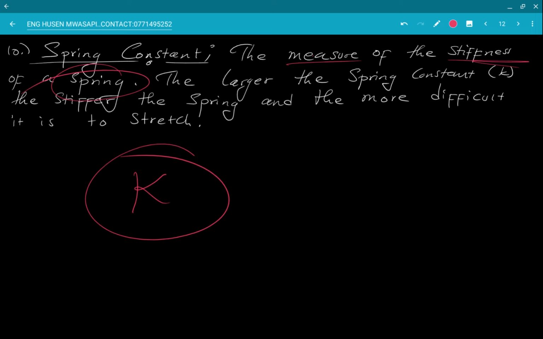Now that difficulty or stiffness that spring has is what we call the spring constant. So the measure of the stiffness of a spring is the spring constant. And remember, the larger the spring constant, the stiffer the spring, and the more difficult it will be to stretch it.